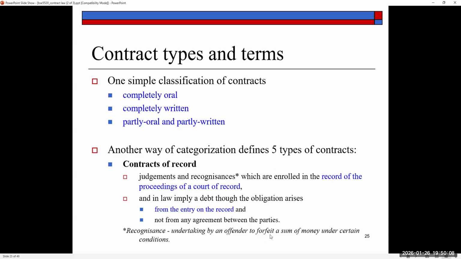So similarly, in this case, forfeit a sum of money. Then that would be a contract agreement on that, and this will be recorded in the proceedings of a court. And the law implies a debt, though the obligation arises from the entry on the record, not from the agreement between the parties. So these kinds of transactions or contracts are usually about, in this case, money.